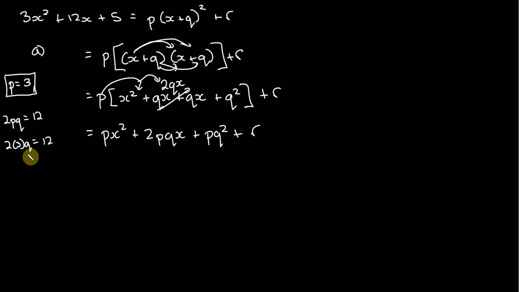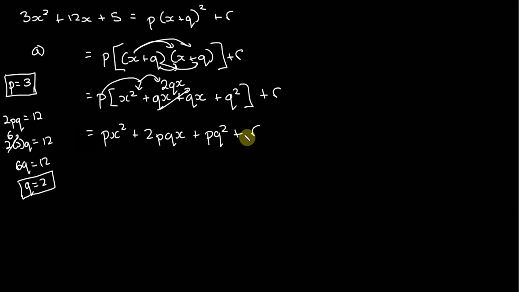Now we only have one unknown variable, which makes life much easier. So 2 times 3 equals 6, so we have 6q equals 12. Divide by 6 on both sides, and we get q equals 2. That was quite straightforward, very quick. We found the value for p and the value for q. It looks right to me.